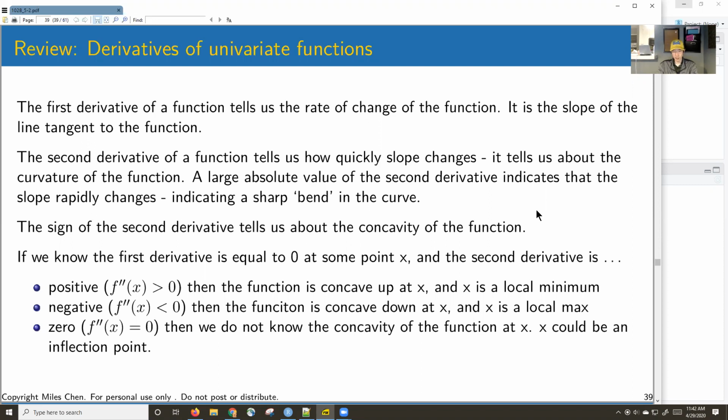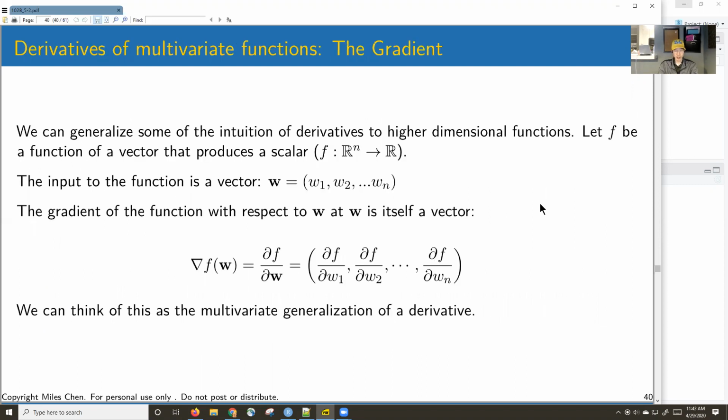I think all of you are familiar with that. Now we have the multivariate equivalent of the derivative, and that's the gradient. Here we have some function that goes from n-dimensional real space to one real number. We've got a function like the loss function, which takes in a vector of parameters.